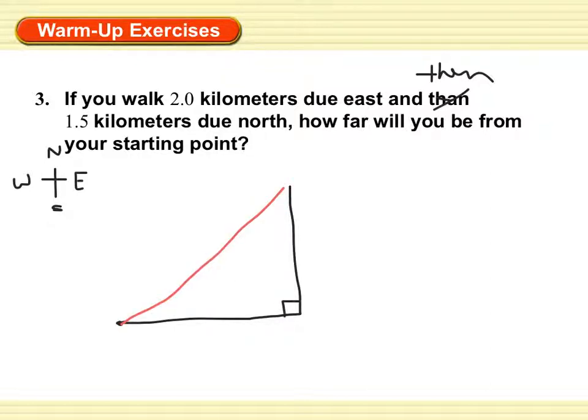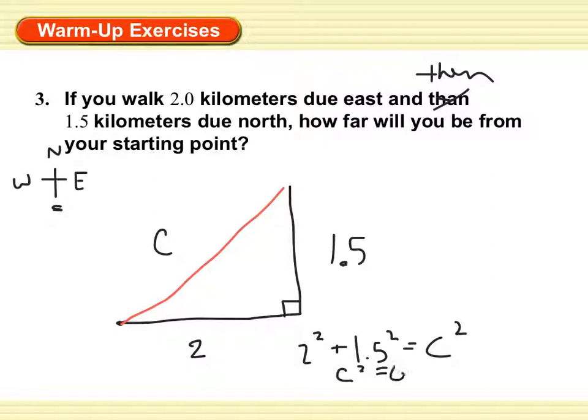Okay, right triangle. 2 kilometers, 1.5 kilometers. We don't know C. 2 squared plus 1.5 squared equals C squared. 4 plus 1.5 squared. I have C squared equals 6.25. Square root of both sides. C equals exactly 2.5 kilometers.